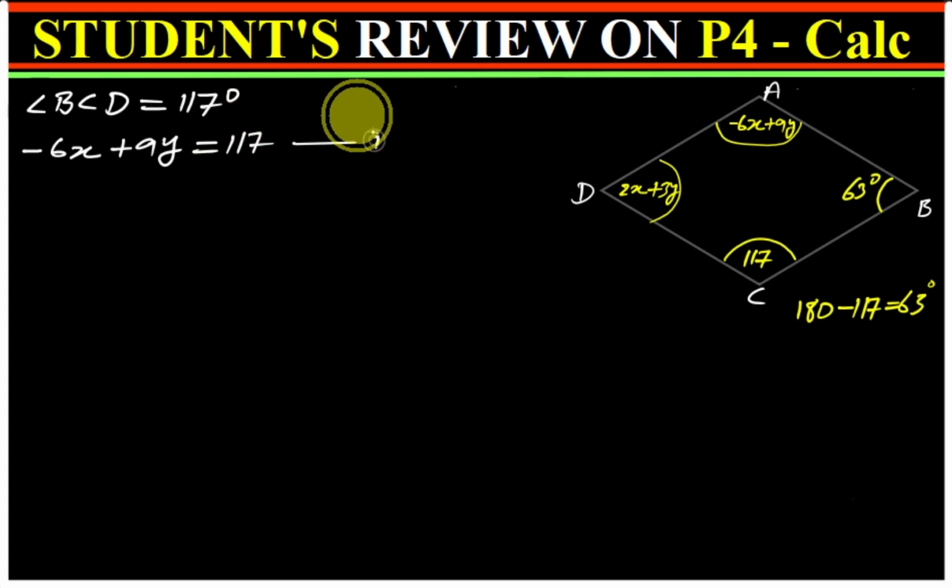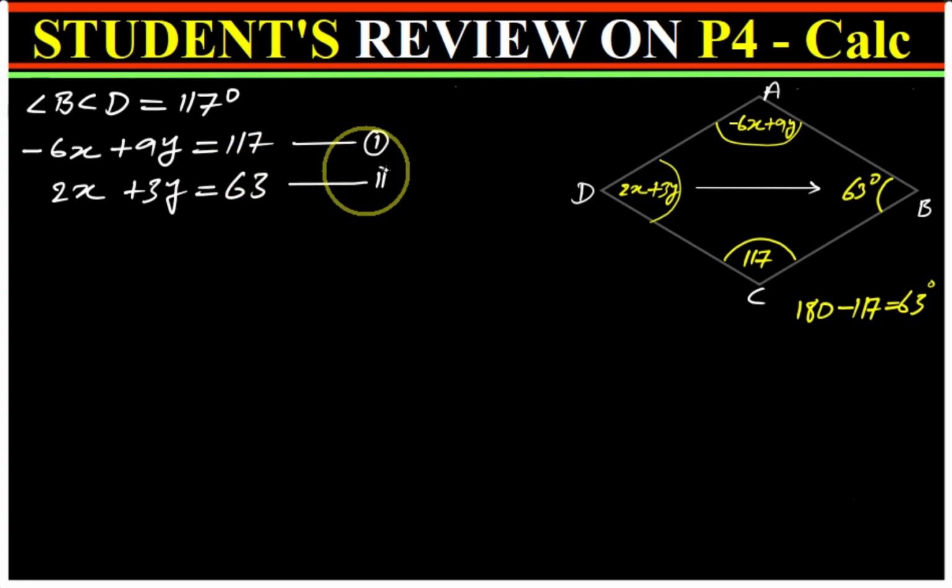This is equation 1. And the second equation we can write from here, this will be equal to this. So 2x plus 3y will be equal to 63 degrees. This is equation 2.